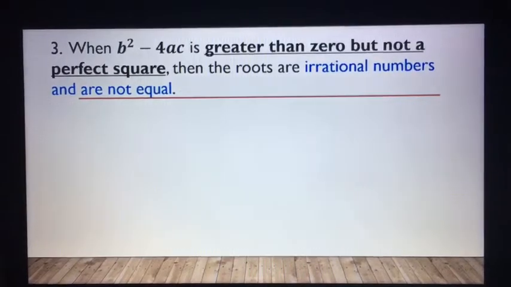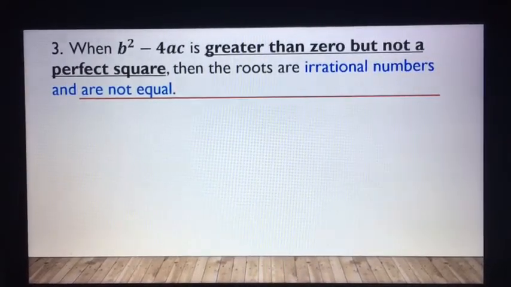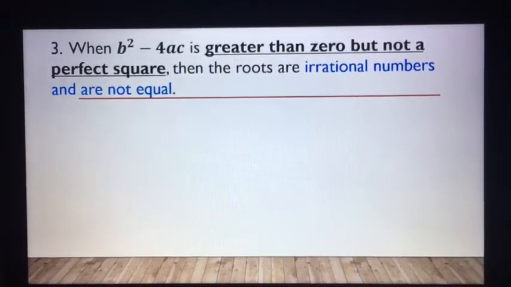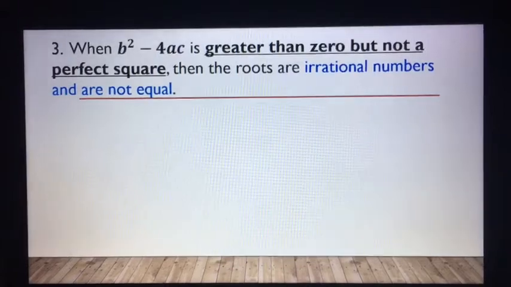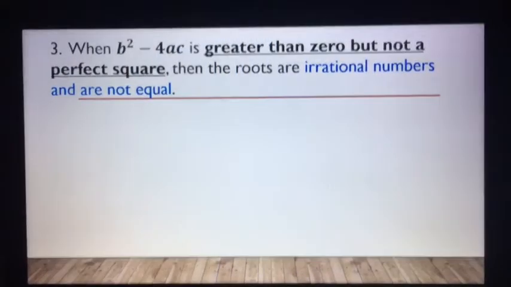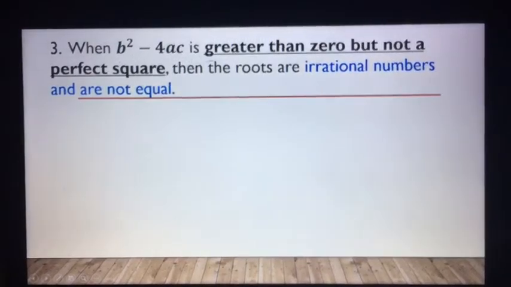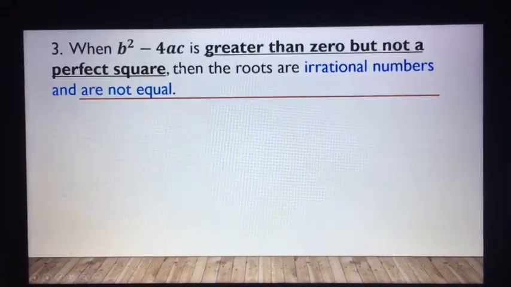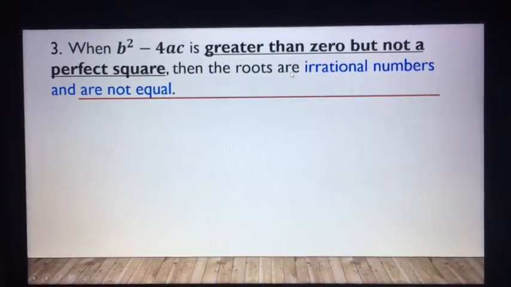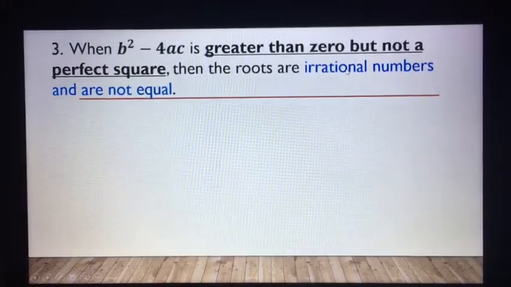When b squared minus 4ac is greater than 0 but not a perfect square, then the roots are irrational numbers and are not equal. Pag ang discriminant daw is greater than 0 pero hindi perfect square, ang roots niya are irrational numbers.